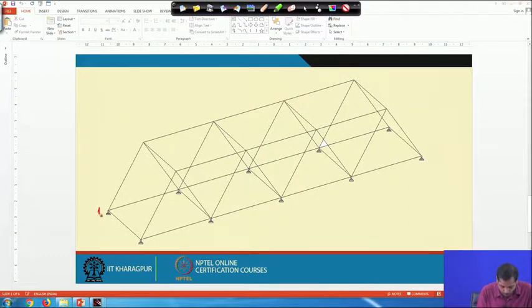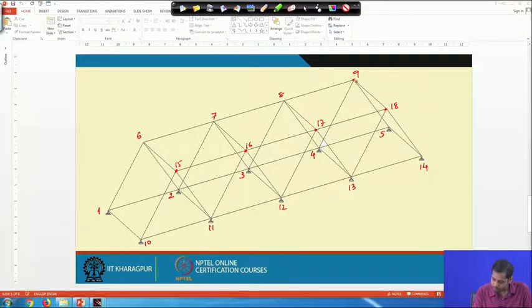This is node number 1, this is node number 2, this is node number 3, this is 4, this is 5, then this is 6, 7, 8 and 9, and similarly we have 10, 11, 12, 13 and 14, and then this one is 15, then 16, 17 and 18, total 18 nodes. These all are nodes.